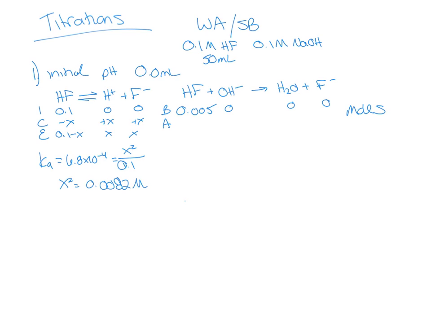To get my pH, I'm going to take the negative log of that. Oh, I don't have a log key on this, so that's going to be super fun. Okay, so let me do that over here. So I get a pH of 2.1.